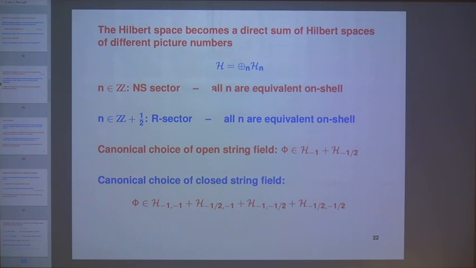And one can show that on-shell all integer n are equivalent, and all half integer n are equivalent. The canonical choice for open string field that one normally takes is that NS sector fields have picture number -1 and the Ramond sector fields have picture number -1/2. And for closed string field, this just gets doubled. Okay, so this is, for example, the NS-NS sector, this is the R-NS sector, NS-R, and R-R.